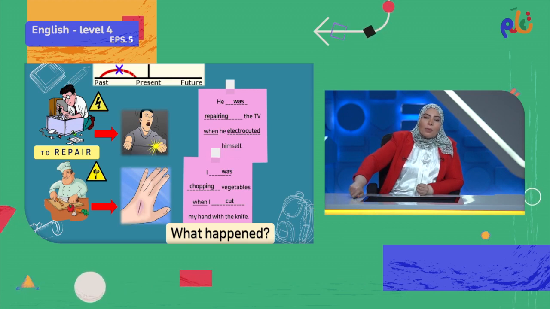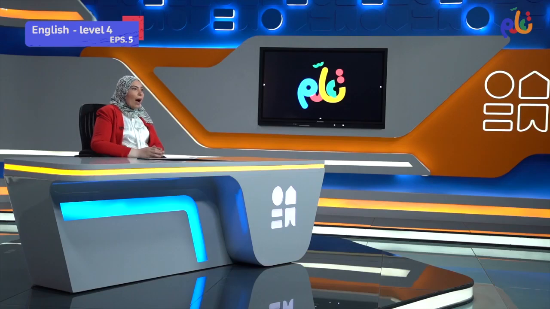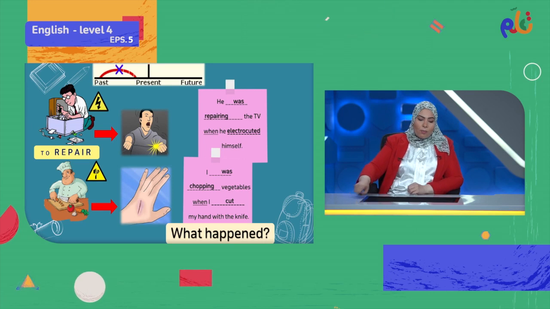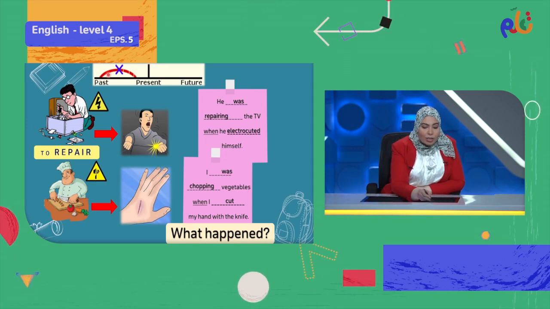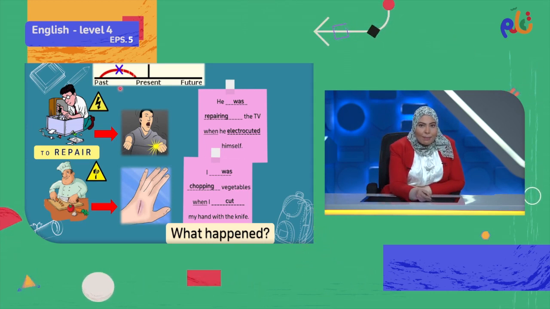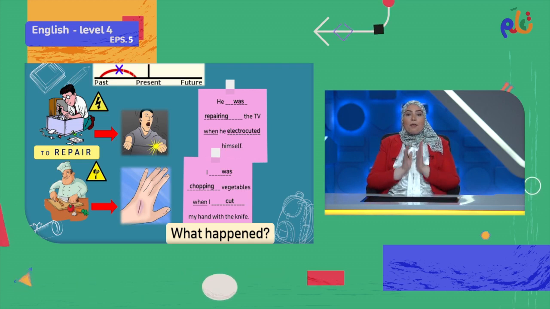So now this will take us to our grammar point. Our grammar point, as we said, we're going to look at past simple that we talked about a lot, and we're going to look at something else which is called past continuous. So here we're talking about something that happened in the past, something that is finished. But we're not talking about just one action in the past. We're talking about two things that happened in the past.